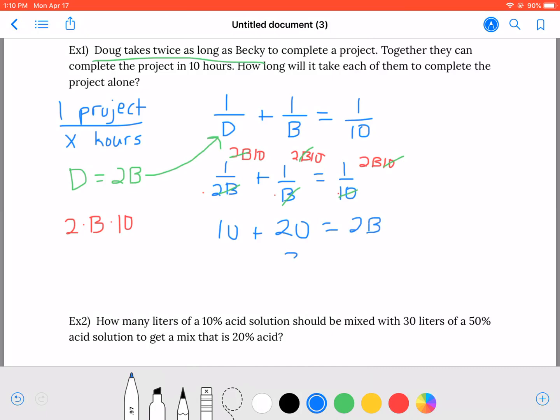Then we can solve that. So this means that Becky, by herself, can do the job in 15 hours, where Doug, Slowpoke Doug, takes double that time, so his would be 30 hours.